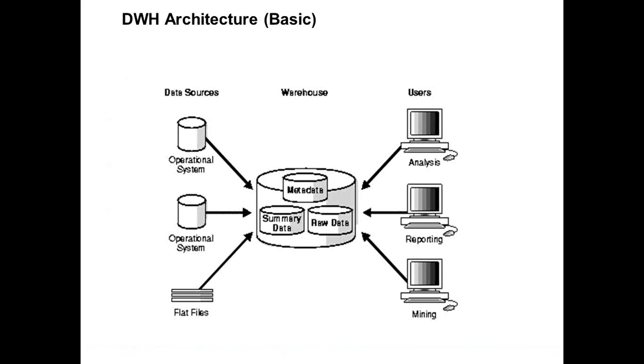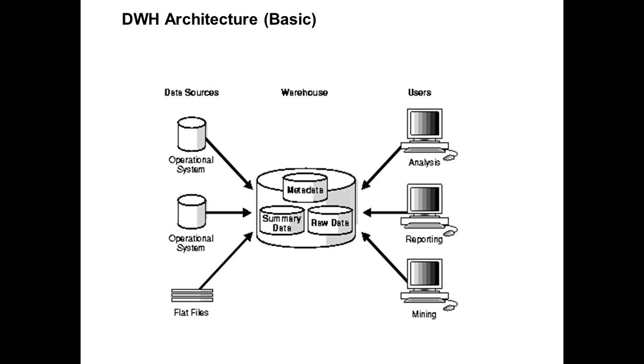From there, users do reporting and data mining by extracting the data from the data warehouse. So this is the basic, common architecture followed in the data warehousing area. Any doubts in this, Nitin? Okay, fine.